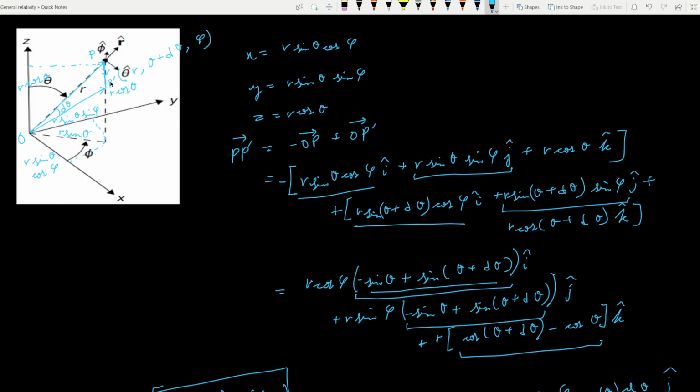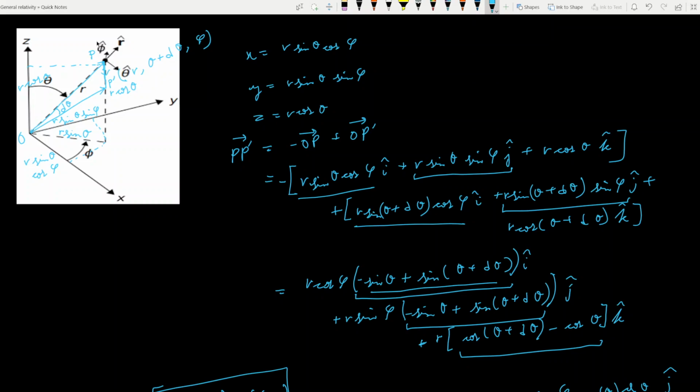Now we want to be able to understand what's PP primed. Well, PP primed is just basically the change in our theta direction. I mean, a vector that represents the change in our theta direction. Why?